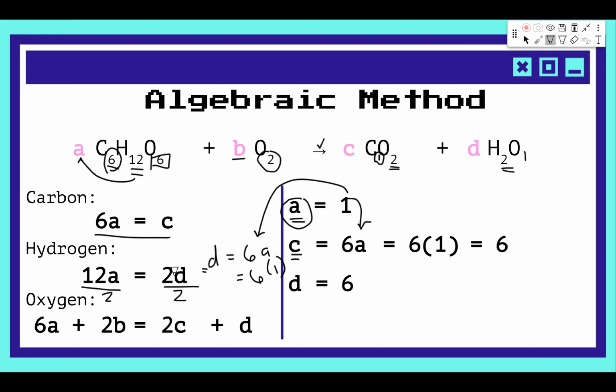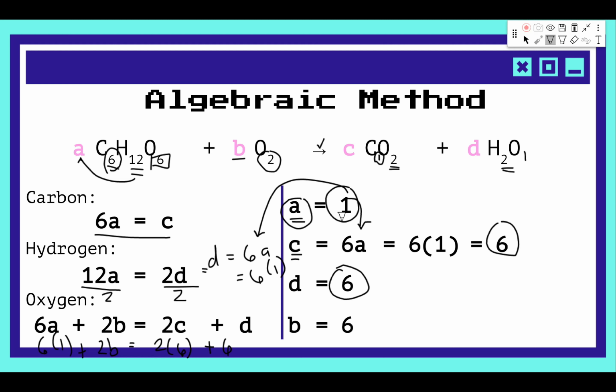Now in B, it's the same. Just substitute all the values that we got to this equation. So 6 times 1 plus 2B equals 2 times 6 plus 6. Now do the math and you will get B is equal to 6.